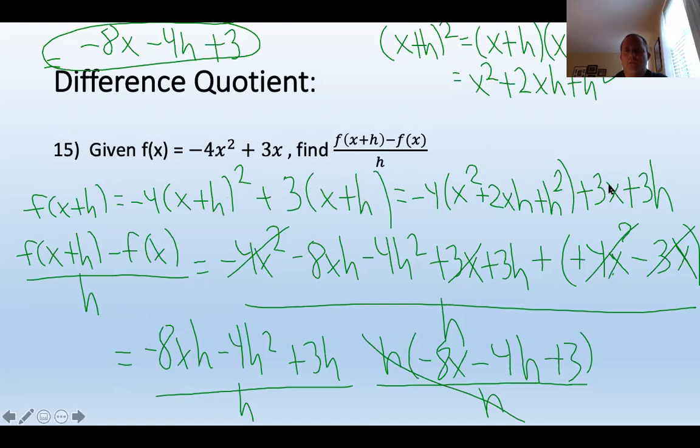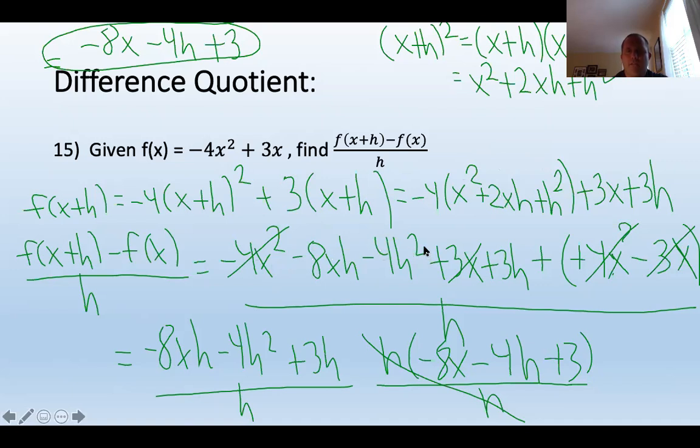That ends up being 3x plus 3h. So all that put together ends up being -4. The -4 has to distribute inside the parentheses. You have -4x squared, and then -4 times 2xh is -8xh, and then -4 times h squared is -4h squared.